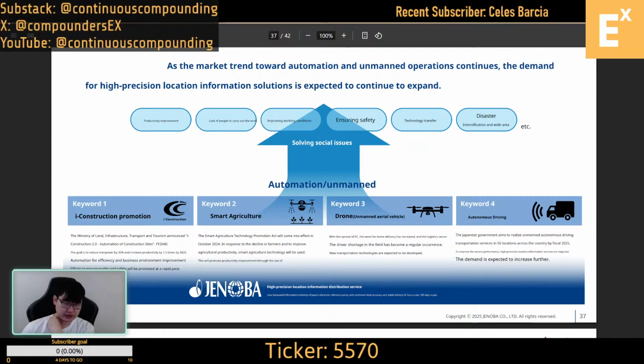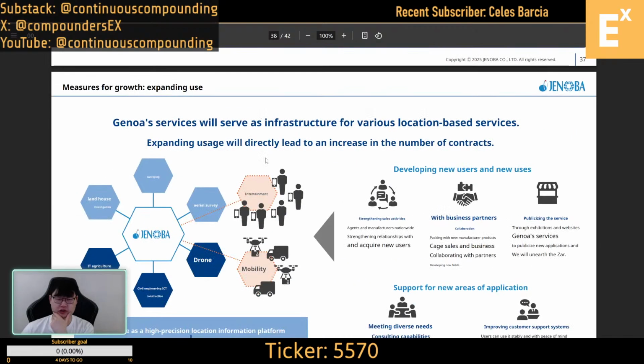Automation for efficiency and business environment improvements. Efforts to ensure quality and safety will be promoted. Smart agriculture. Autonomous driving. Yeah, I can definitely see it being used in autonomous driving, drone. Okay.